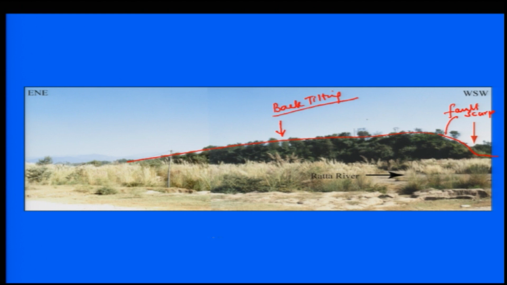This is typical of the features formed along low angle thrust faults. So you have the formation of the fault scarps here and then back tilting.